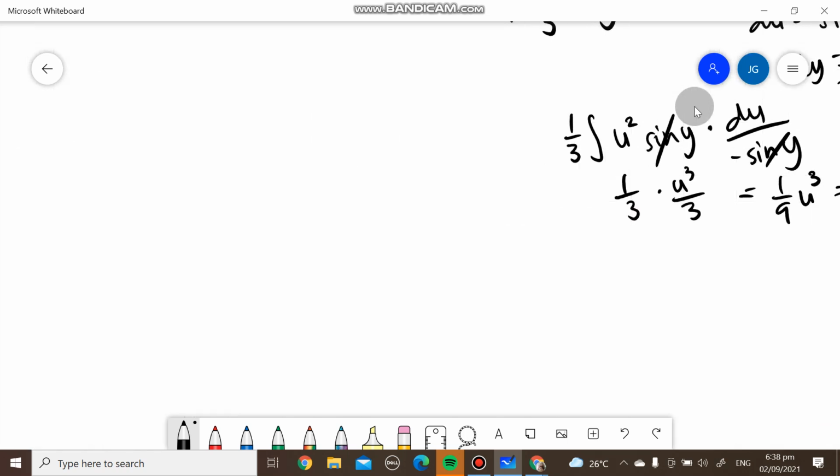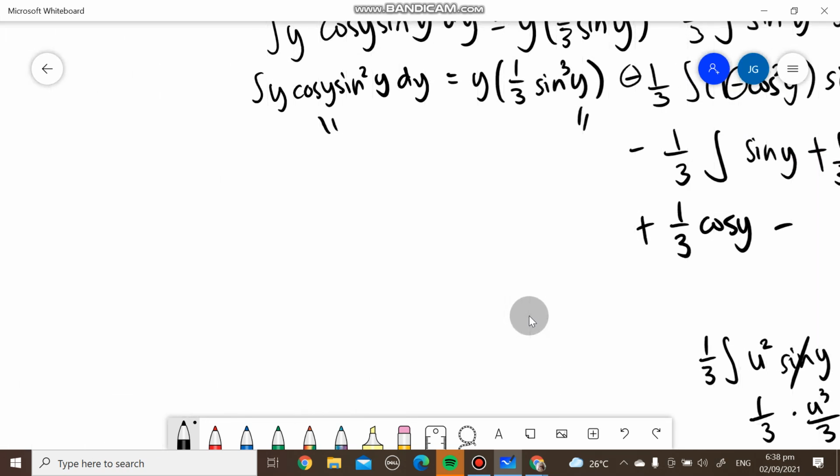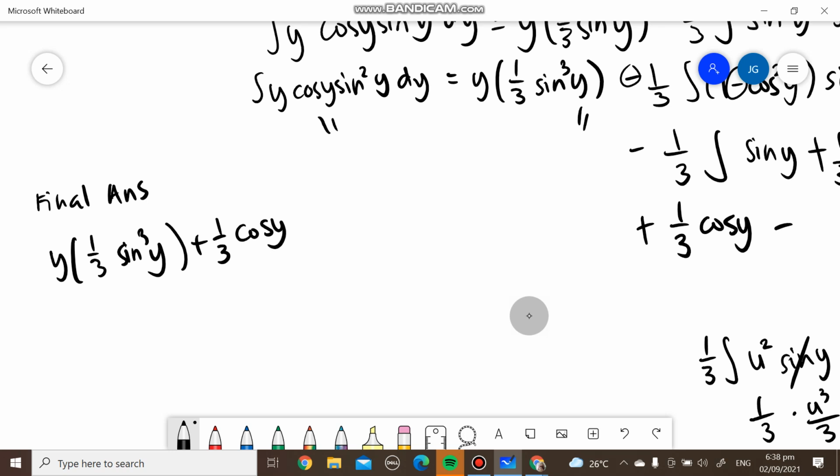Okay, so isama-sama na natin yung mga nakuha nating sagot. We will have the final answer of y times 1/3 sine cube y plus 1/3 cosine y minus 1 over 9 cosine cube y plus c.